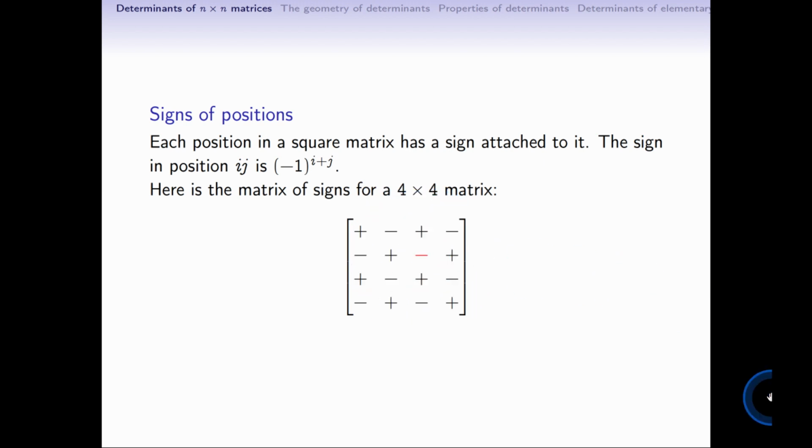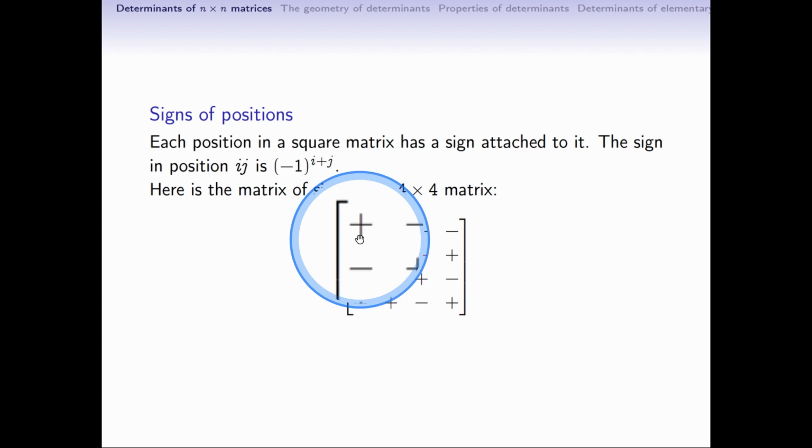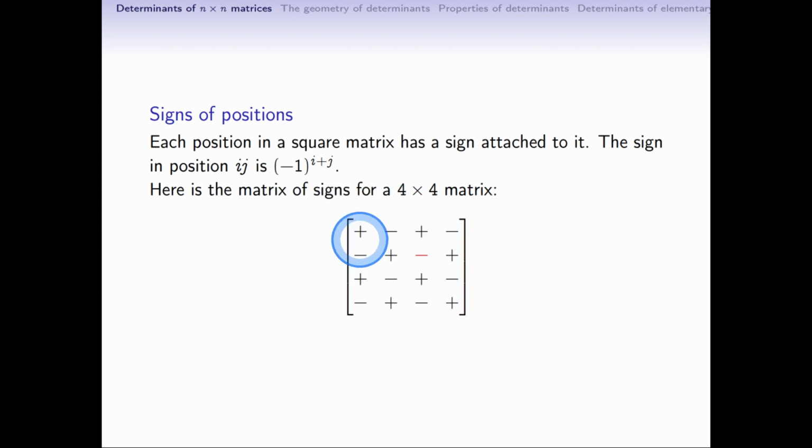So these are the signs that are attached to the various positions within the 4 by 4 matrix, and you can extend this obviously to any square matrix and find its signs. You just have to notice that this upper left hand corner in the 1, 1 position will always be a positive sign, and the rest of them will fall into place as in a checkerboard pattern.